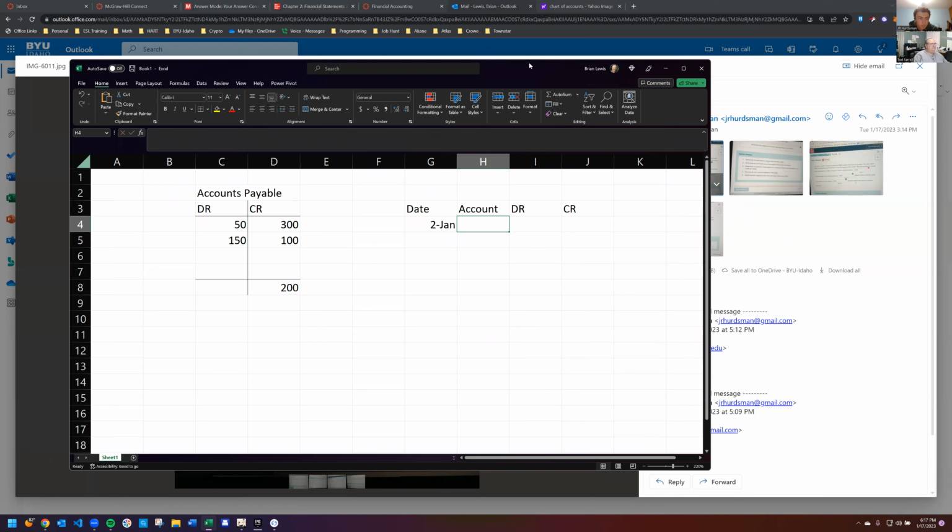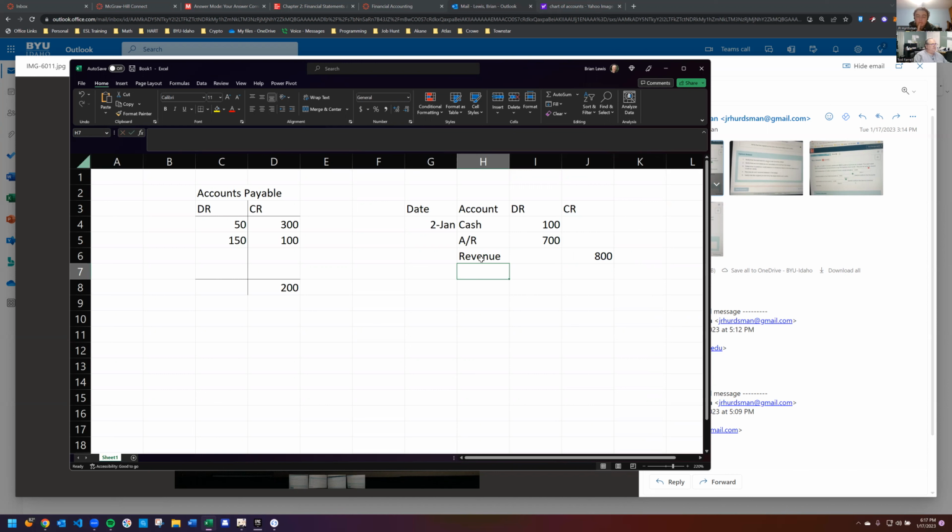You have cash for 100. You should have accounts receivable for 700, and you should have your revenue for 800. Okay, that's the journal entry effectively. It balances out because you have your debits equaling your credits.